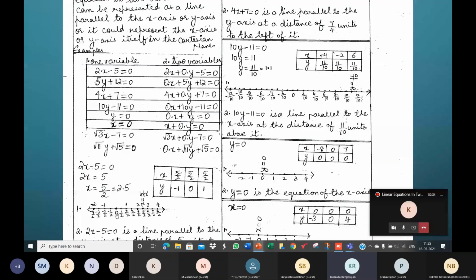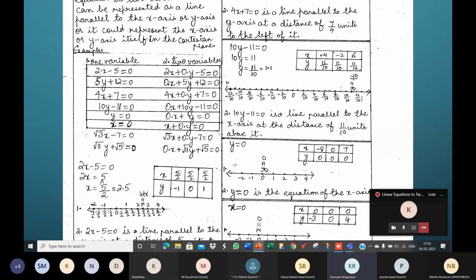You can see here on the number line 0. Since the denominator is 2, we start writing like this: 0, 1 by 2, 2 by 2, 3 by 2, 4 by 2, 5 by 2, 6 by 2, 7 by 2, 8 by 2. And on the other side, minus 1 by 2, minus 2 by 2, minus 3 by 2, minus 4 by 2, and so on.